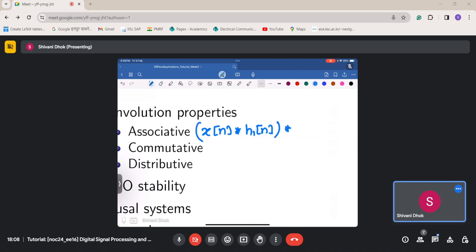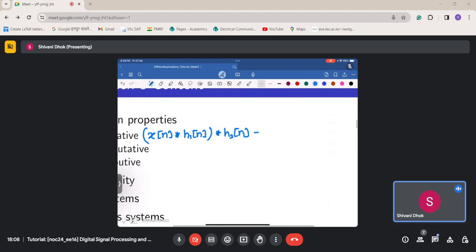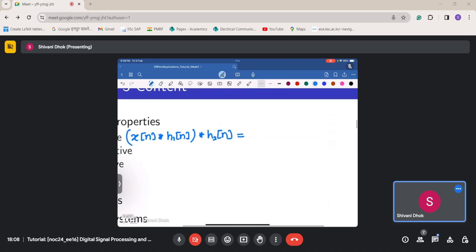After that, I again pass the output of this system to another system, then this will be my output. This will give me exactly the same result if I pass the same input through a system whose impulse response is something like this.